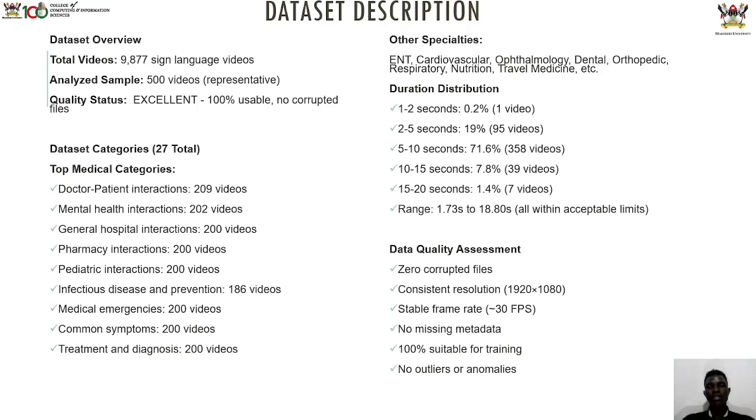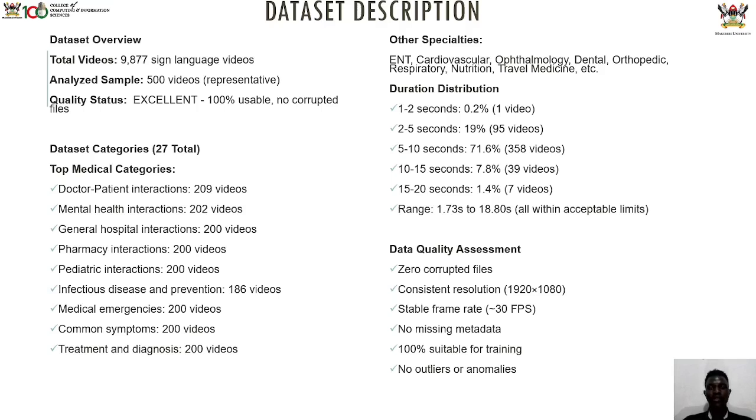So in the videos, for the duration distribution and the data quality assessment, we got 0 corrupted files and consistent resolution. All the videos have a resolution of 1920 by 1080, stable frames, they all have 30 frames per second, and no missing metadata.